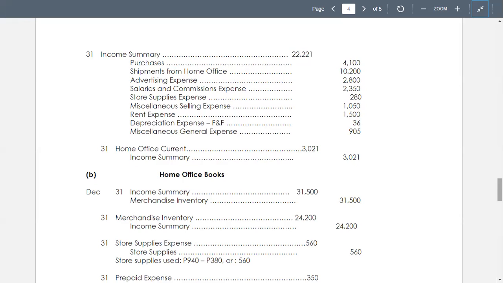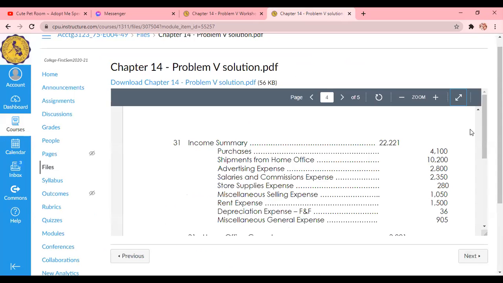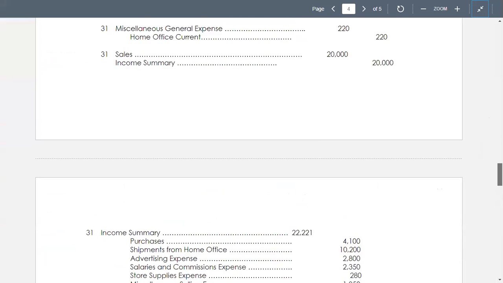So meaning the portion expense is 560. Then we debit prepaid expense in the books of the Home Office in the amount of 350 and credit miscellaneous general expense. So we debit prepaid expense for 350 and credit miscellaneous general expense.